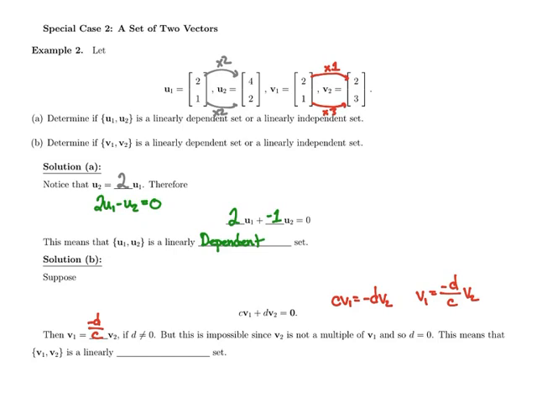So therefore, we must have that d equals 0. Then we can quickly derive that c must be 0 as well. And therefore, the set v1, v2 is a linearly independent set, because only the trivial solution, c equals 0, d equals 0, is a solution to that homogeneous equation.